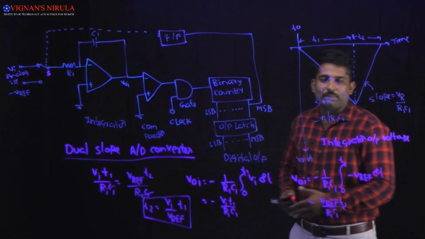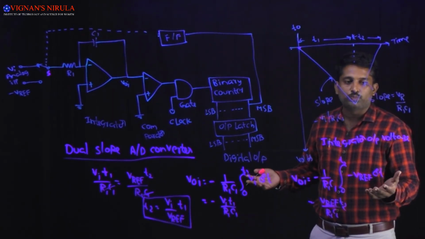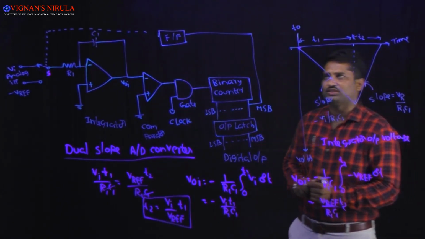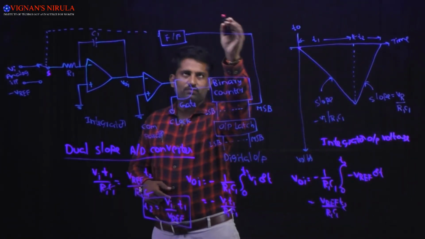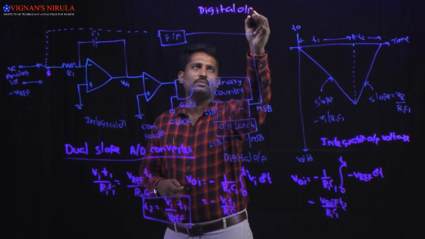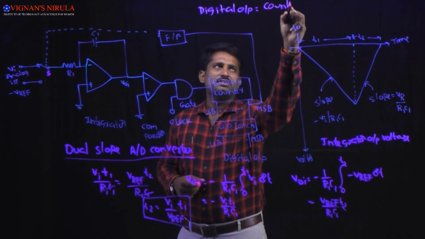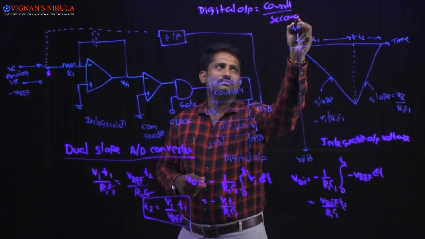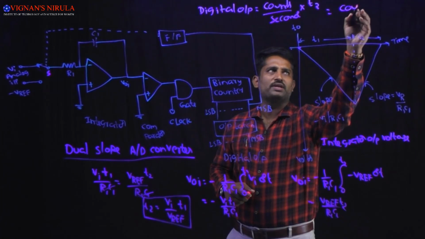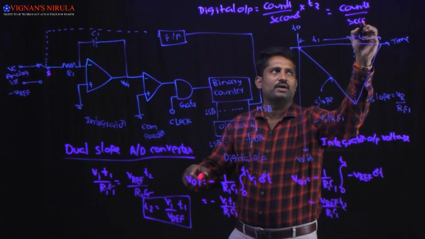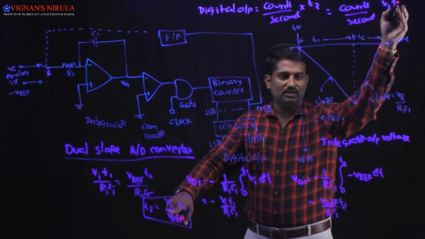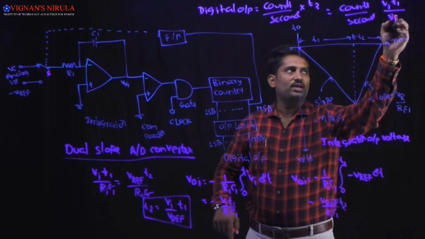So the output of the binary counter is nothing but the digital output value of the analog input voltage, and the digital output is calculated as counts per second into T2, which is nothing but counts per second into Vi into T1 divided by V reference.